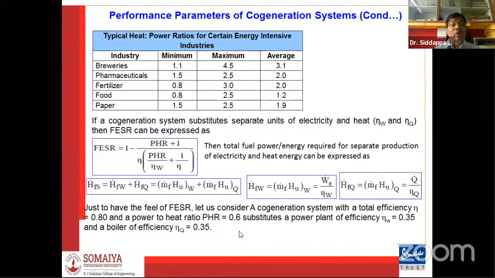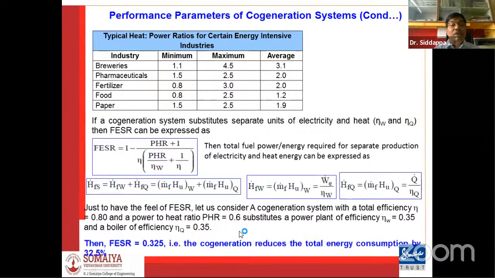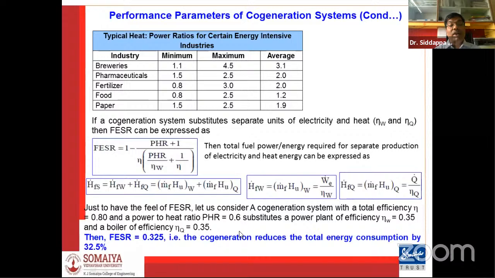Then how much FESR will you get? You will get a FESR value of around 0.35. That means the cogeneration system reduces 35% of the fuel energy you are supplying to the system. For example, if you are supplying 100 kg of fuel, almost 32.5 kg of fuel we are going to save by using cogeneration systems.